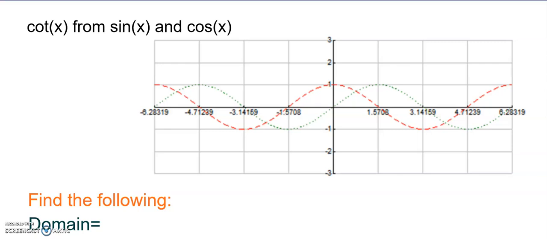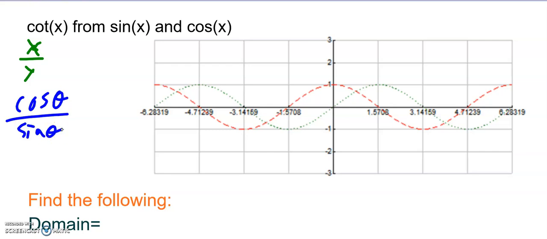We know that cotangent in terms of the coordinates on the unit circle is x over y, right? Because it is adjacent over hypotenuse. And in terms of sine and cosine, it's cosine of theta over sine of theta.